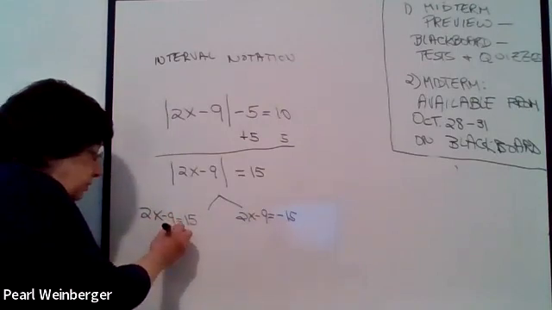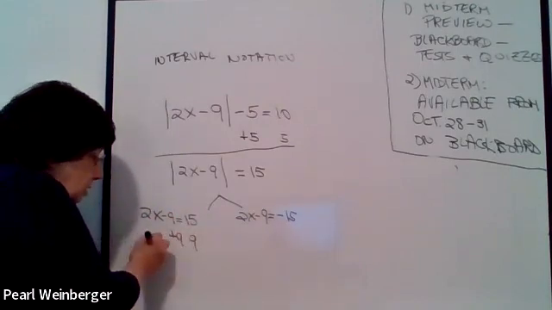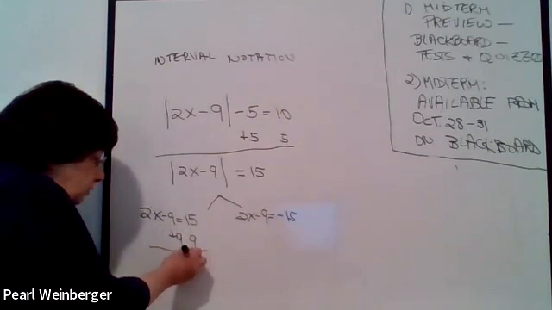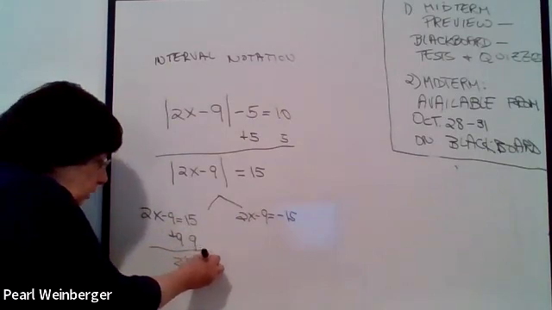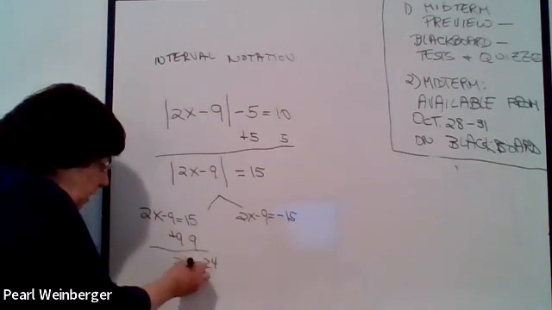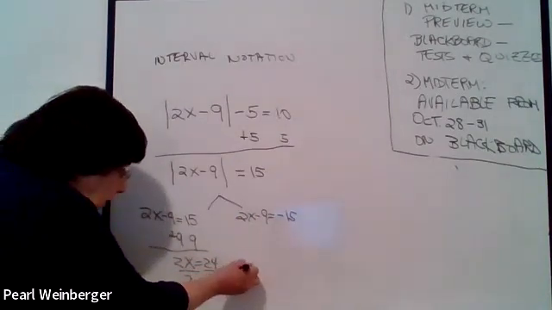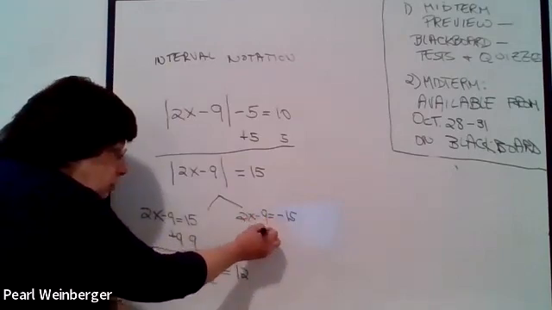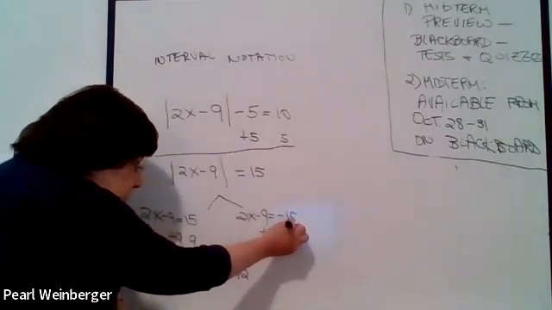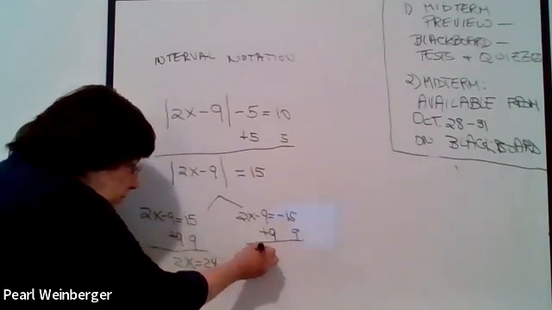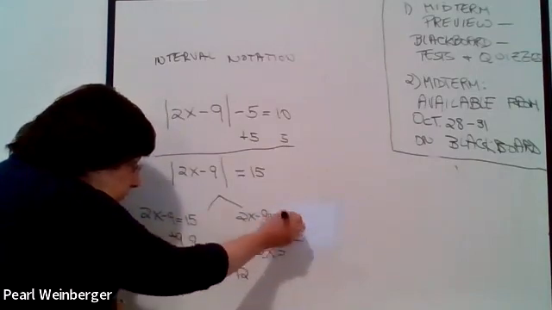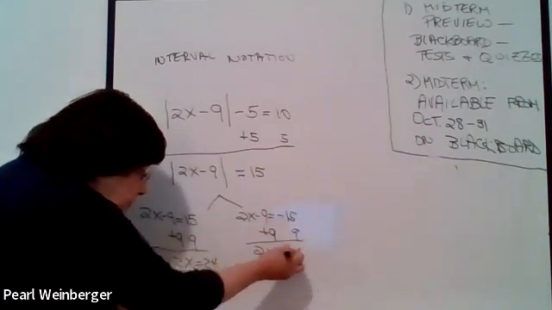Here you're going to do plus 9 to both sides. So this will give you 2x equals 24. So my answer is 12. And here you're going to do again plus 9. You do the same thing on both of them. But here you're getting 2x equals negative 15 plus 9, which is negative 6.